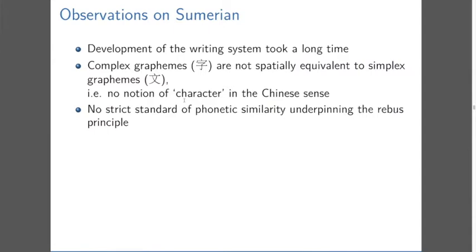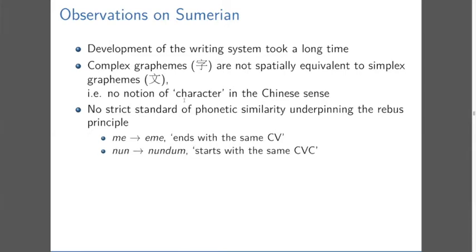Another thing that I think is intriguing is that there's no strict standard of phonetic similarity underpinning the application of the rebus principle. If we just look at the cases that I've discussed, you have me serving as the phonetic for ene, where if you want to have an abstract principle, it would be something like the application of this phonetic in a new environment means that the second morpheme ends with the same CV as the one we're using to indicate it.